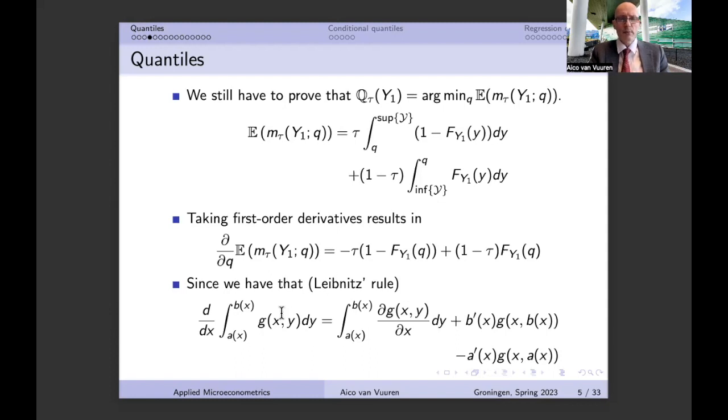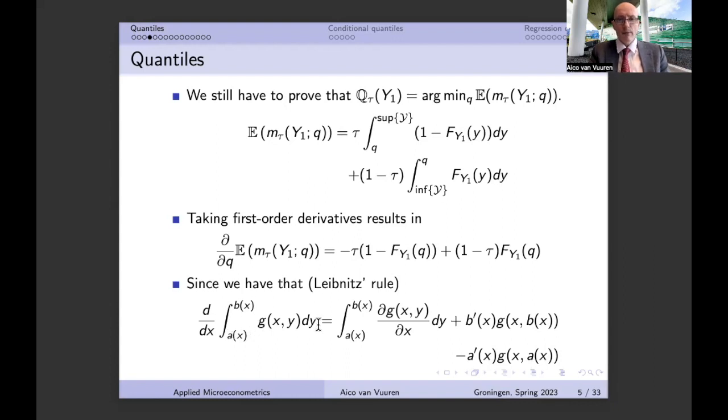Leibniz rule says that suppose that we have a particular function that is related to an integral that depends on x. It depends actually in 3 ways on x, because the g(x,y) function that we have here inside the integral actually depends on x, but also the upper and the lower bounds depend on x.